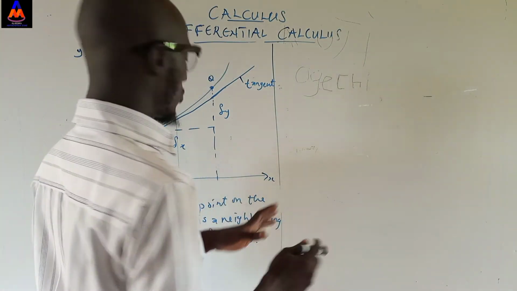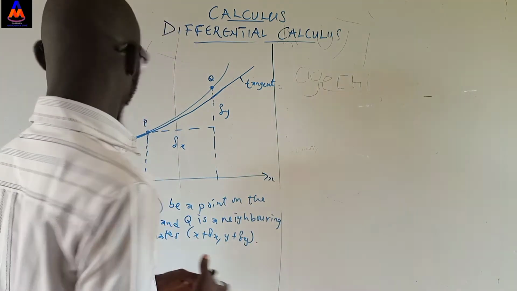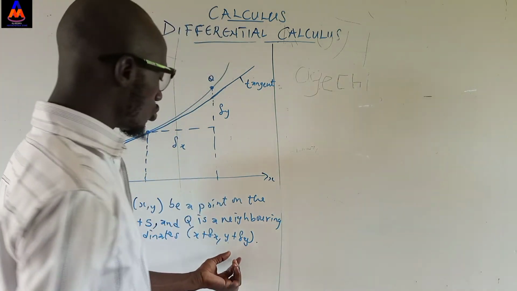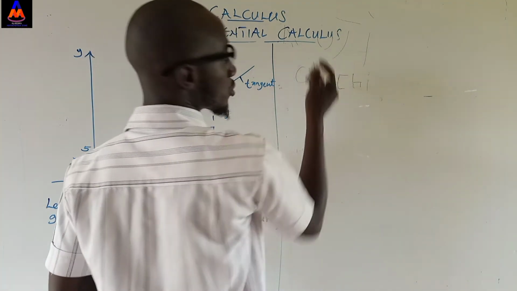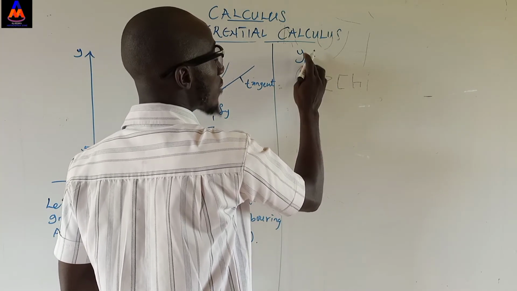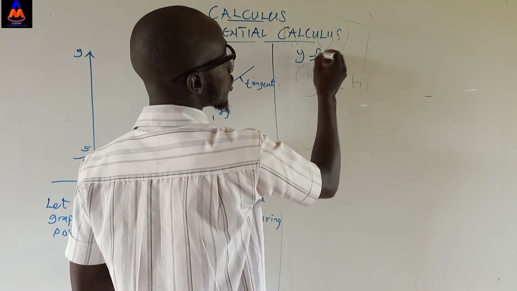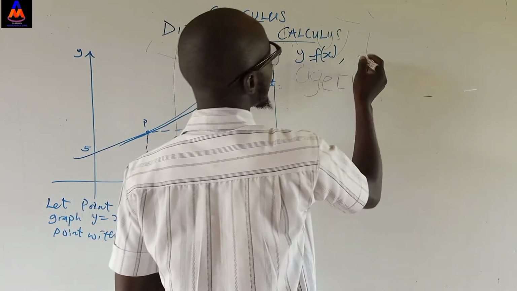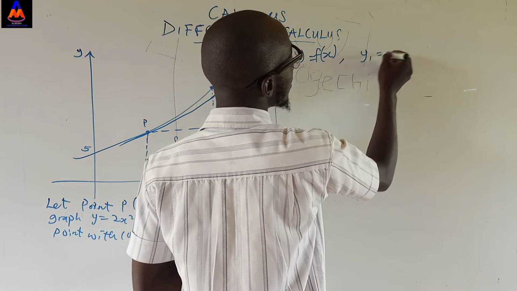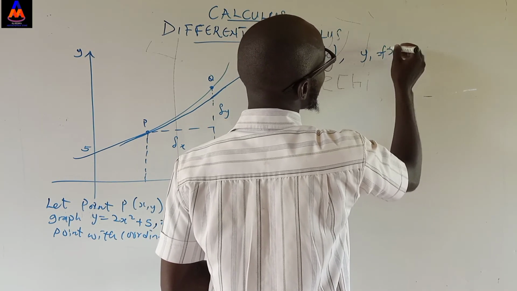Now, we have used the first approach, which is derived using the function of x approach. But in the case that we want to use this particular approach to generate the formula, we know that our y depends on x, which we call function of x, right? And then we can also say your y1 is equal to a function of x1.